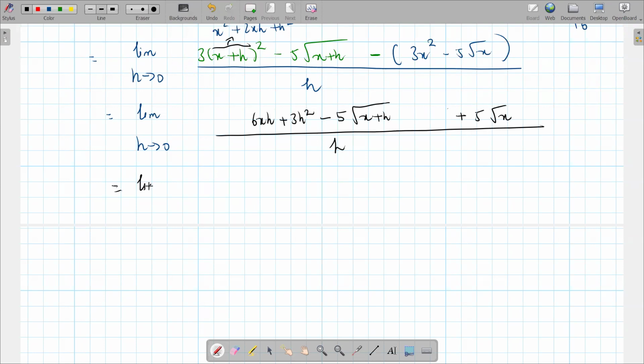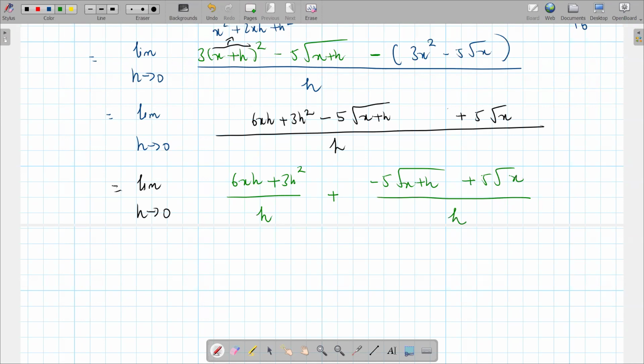We're going to call this limit as h approaches 0. And I'm going to distribute this numerator because that's the only way to cancel out the h. I'm going to do this. Plus negative 5 root x plus h plus 5 root x, all over h. Am I allowed to do this?